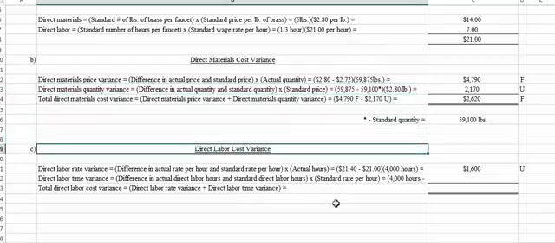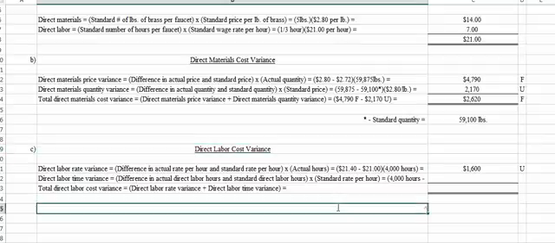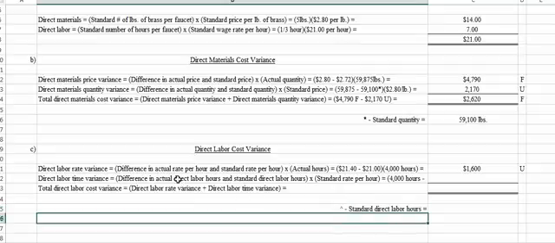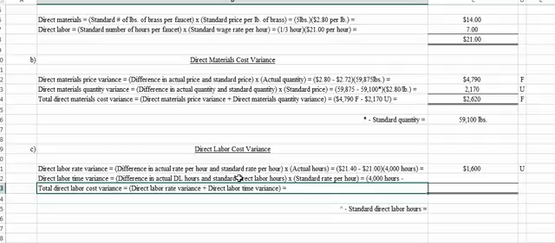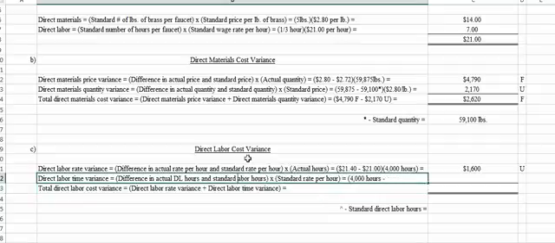We'll do the same down here. Standard hours, or I guess we could say standard direct labor hours. And I'm going to abbreviate up here so it gives me a little more room. For direct labor, I'm going to put DL, and I'm sure you got that. You've seen it already in some earlier chapters.